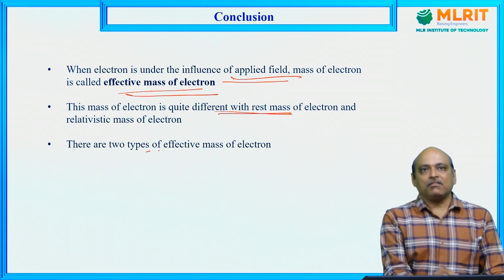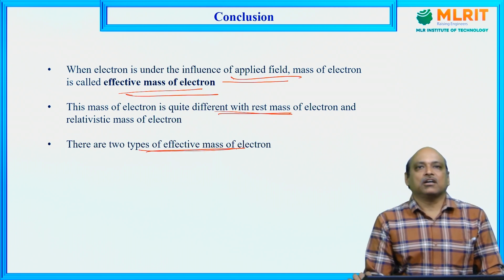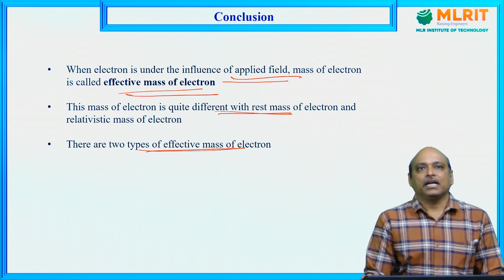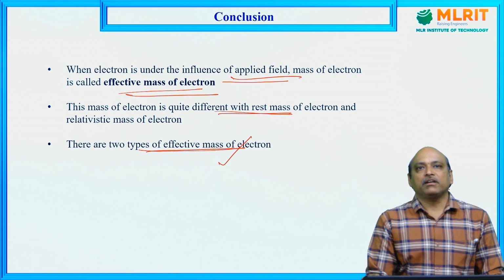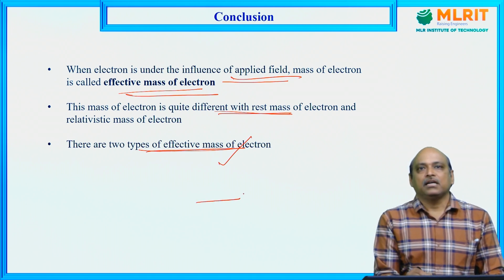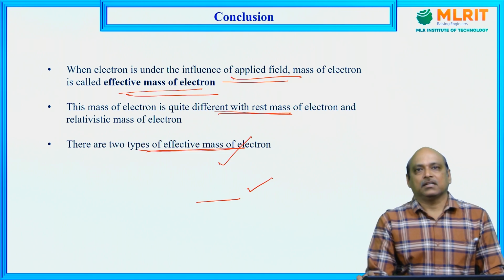Overall, two different types of effective mass can be expected: negative effective mass of the electron, and infinite effective mass of the electron. This is about what effective mass of an electron is, how many different types there are, and the final derivation of the expression for effective mass. Okay, thank you.